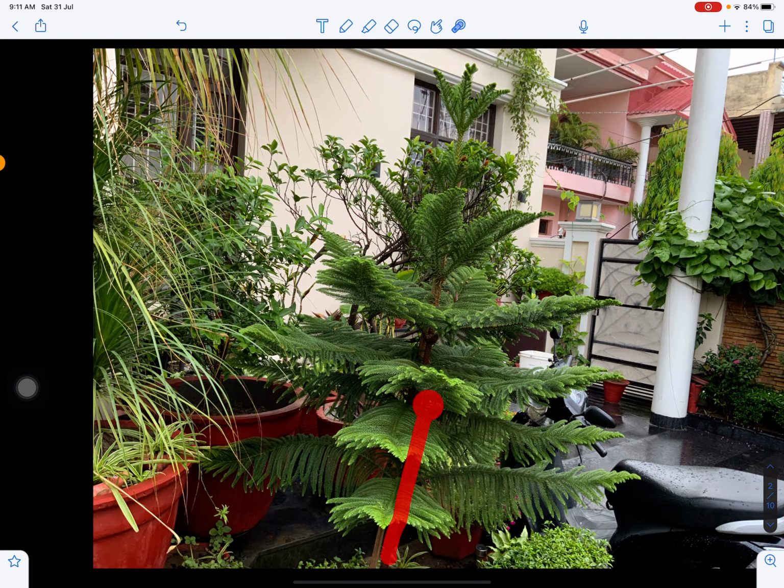So this is the main stem which is growing. Now this is the bamboo which is supporting the main stem, because it may tilt on one side, so bamboo has been attached just to support the main stem. So this part is the main stem growing indefinitely. Now here we can see these are older and these are younger. So this is called acropetal arrangement.